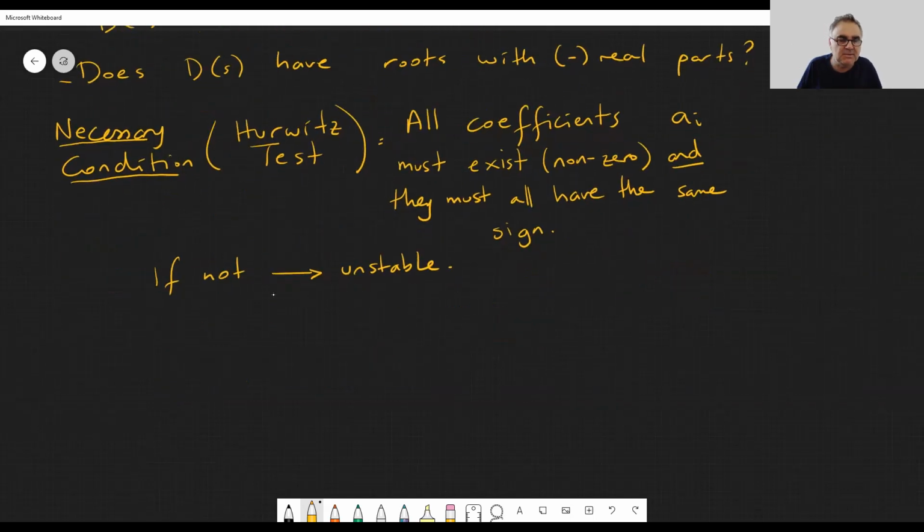But this test must be passed for the system to be stable.